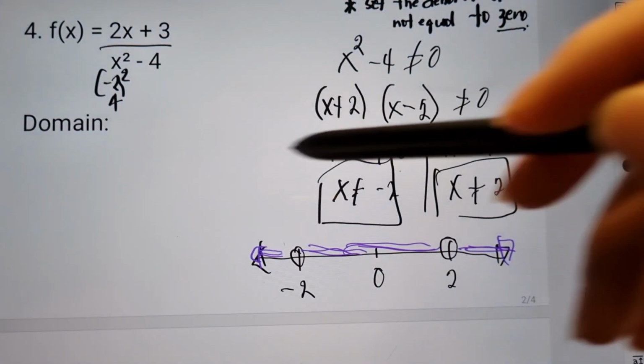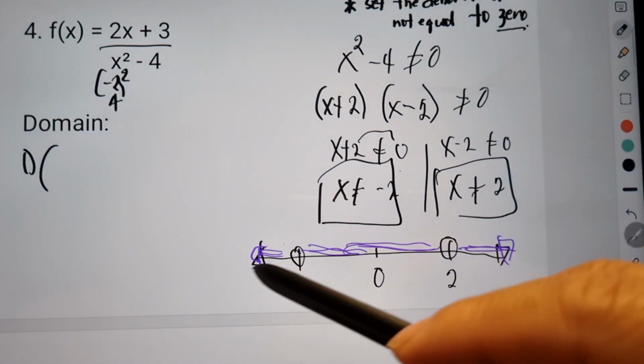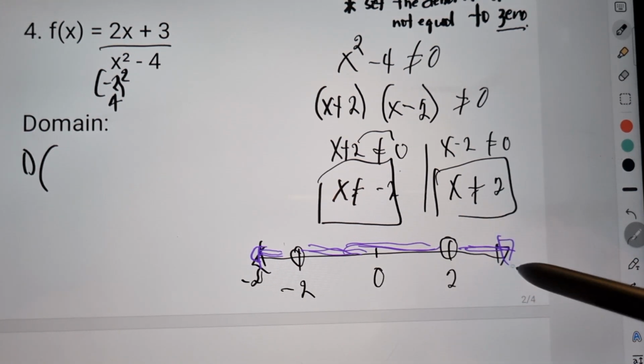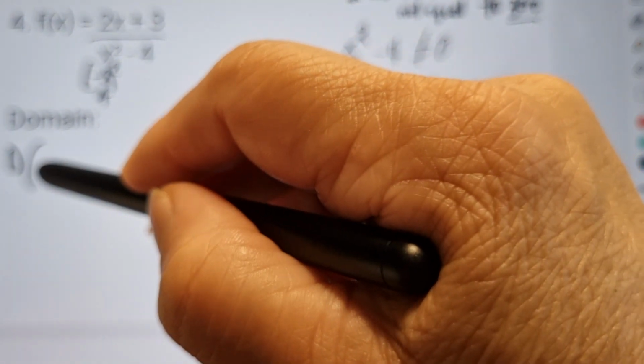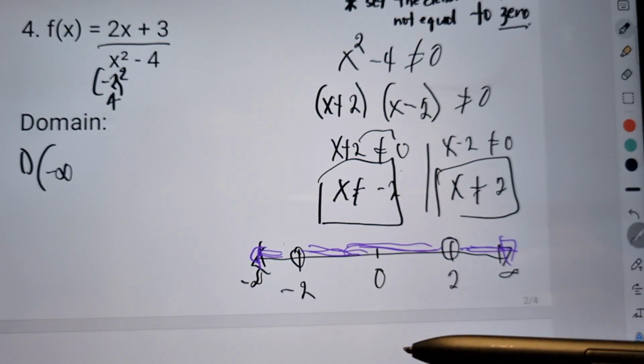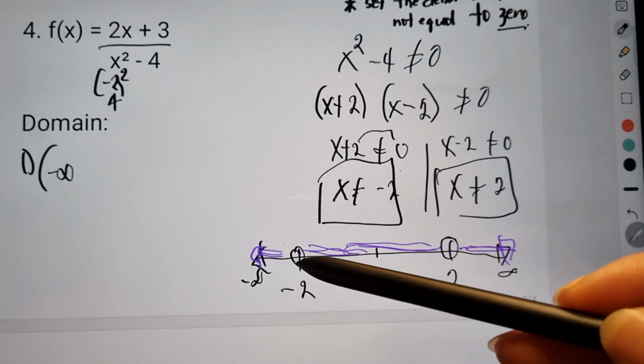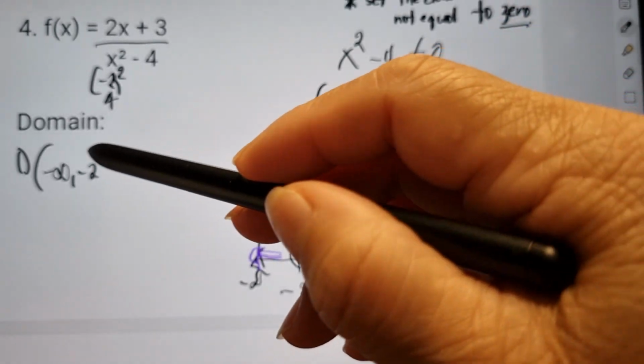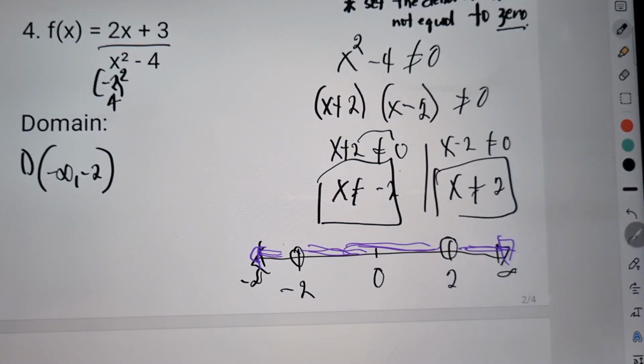Okay, sorry about that. Okay, so let's have domain now. So start ka dito. Since dito siya, laging mag-start tayo sa negative infinity. So negative infinity dyan, positive infinity. So negative infinity, okay, papunta dito. So negative 2, pero hindi siya kasali.